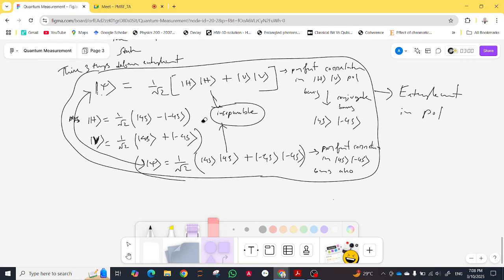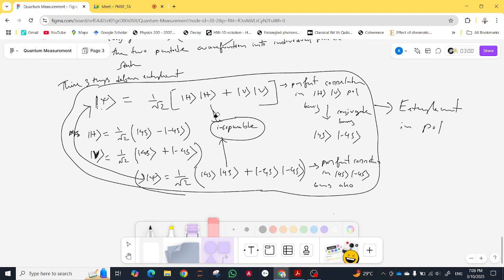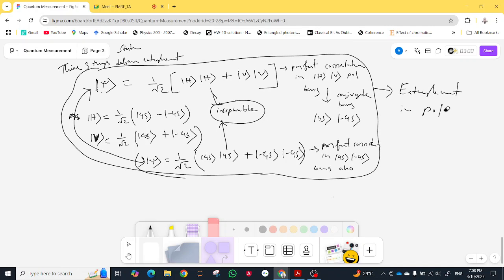So these two conditions you need to satisfy. We call this entanglement in the polarization basis.